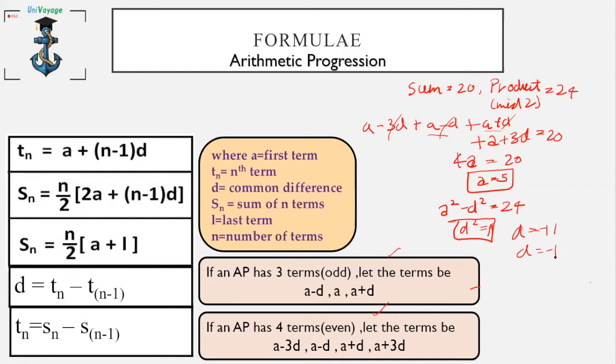If d is equal to plus 1, the terms would be a minus 3d, so 5 minus 3, which is 2. Similarly, 5 minus 1, which would be 4, 6, and 8. This is when d is equal to 1. If d is equal to minus 1, you will get the reverse order, which is 8, 6, 4, and 2.